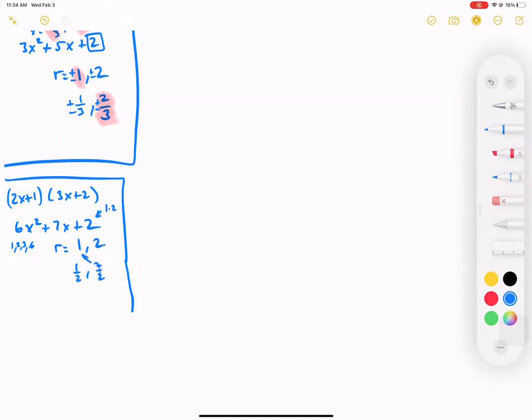That's 1, right? Then we do 1 over 3, 2 over 3. And then 1 over 6, 2 over 6. But luckily for us, that's also just a repeat. So when we have numbers with a different coefficient, the number of possible roots shoots up exponentially. These are possibilities. These aren't actual roots. These are all the possibilities that we could come up with.